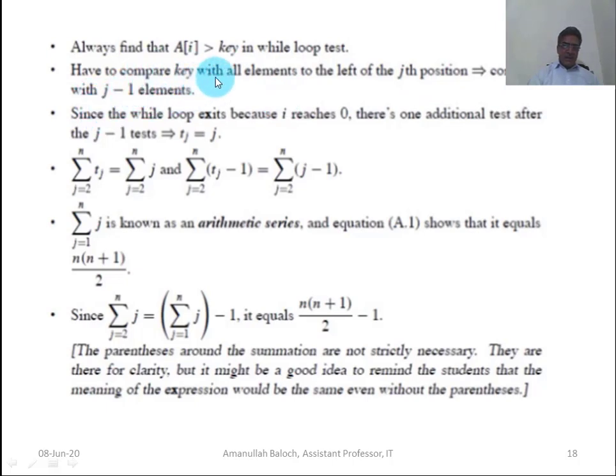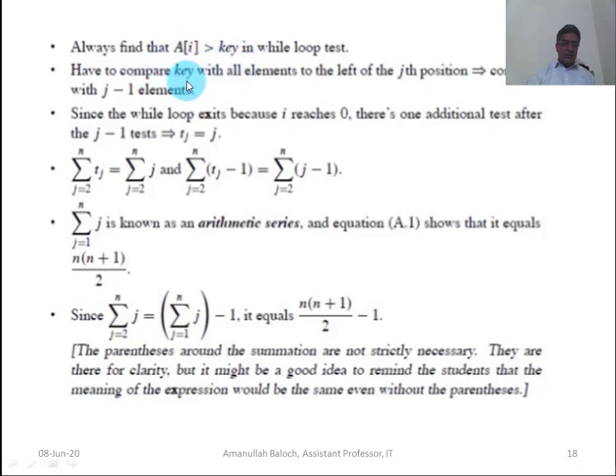In the worst case analysis, the largest value is at the top of the array while we have to bring it to the bottom, so the key value will be compared with all the rest of the values.